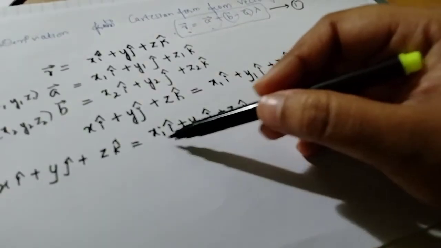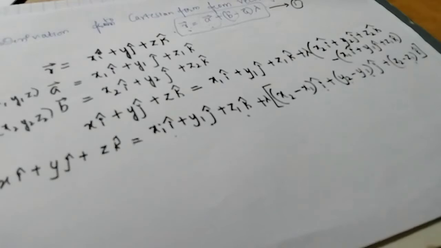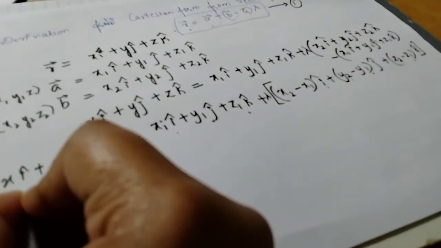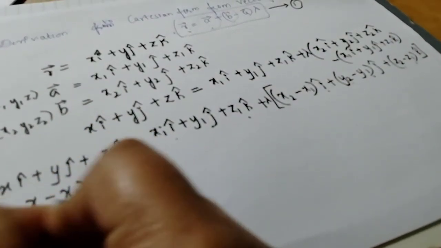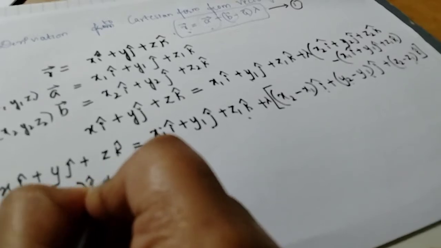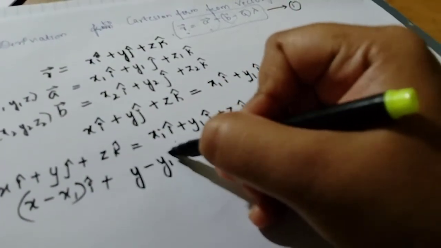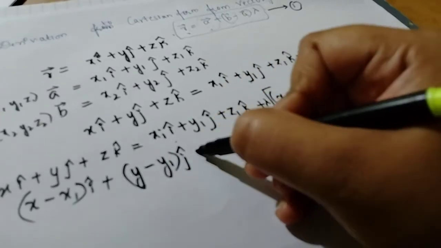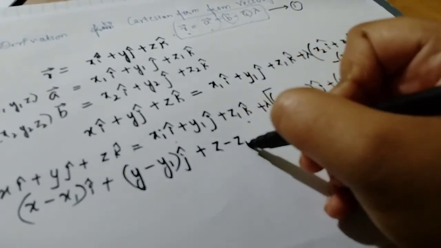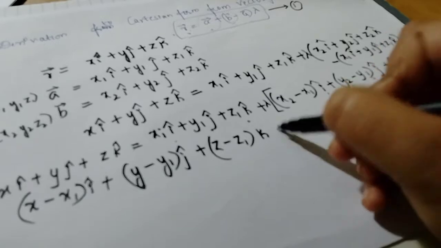Okay, now these three terms, if I take them this side, what does it become? x minus x1 into i plus y minus y1 into j plus z minus z1 into k.